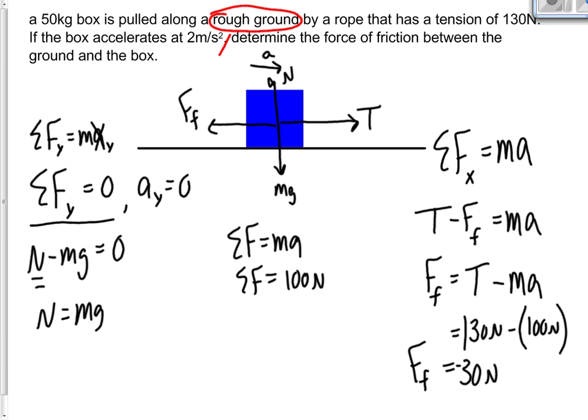So what that tells me is no matter how many forces are acting on the box, I need 100 more newtons of force to the right than I do to the left. So if I started out with 130 newtons of tension in the rope, then friction must be equal to 30 because I need 100 newtons of net force acting on the box.